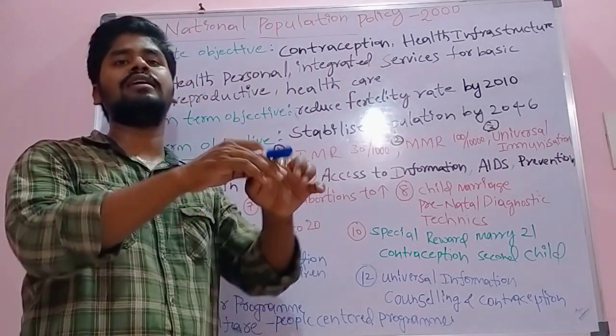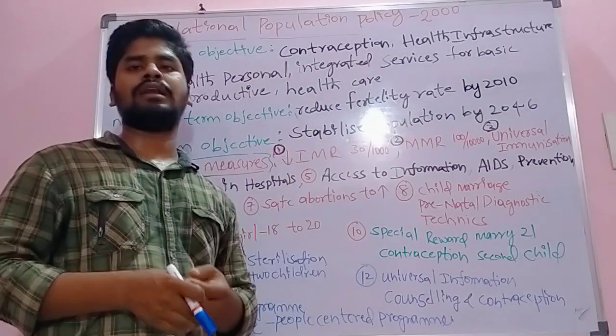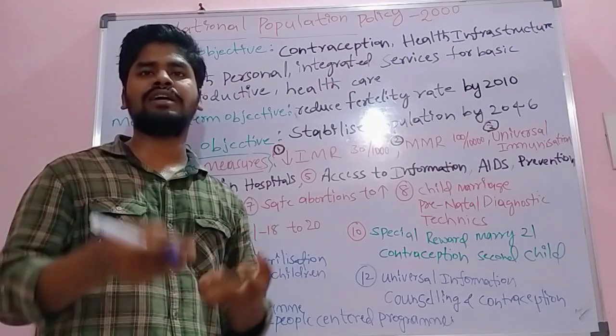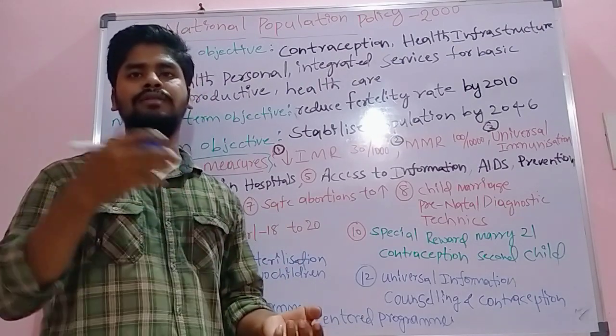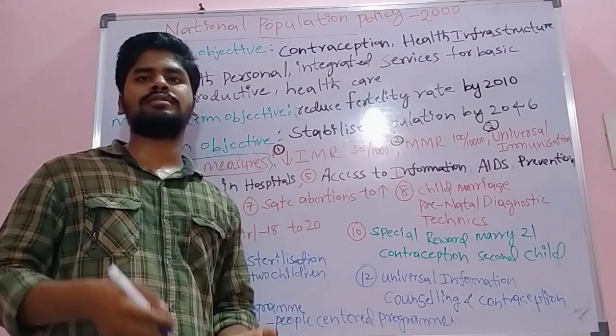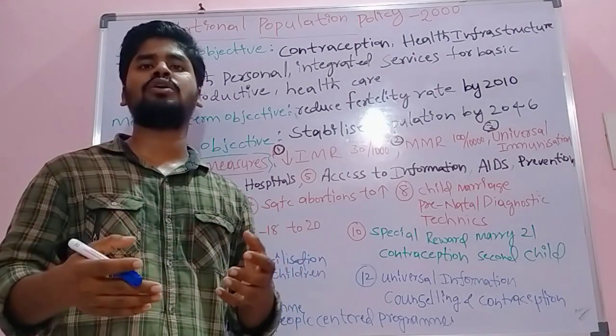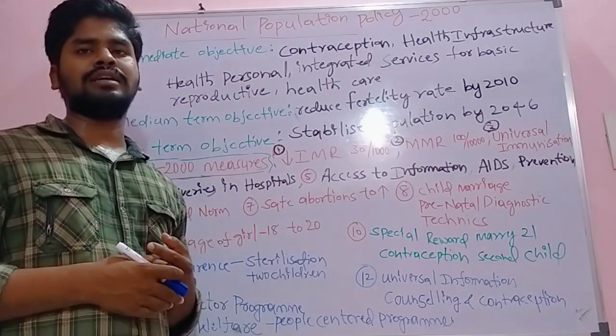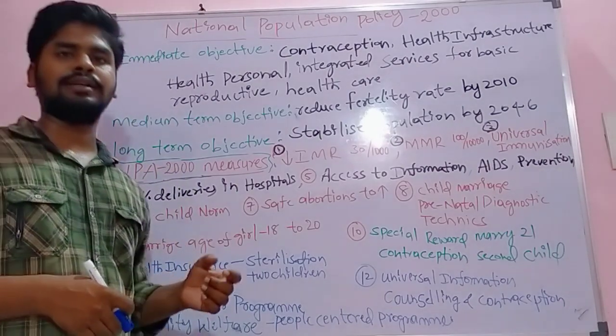It has to be centered on each and every individual of society, maintaining the information, health infrastructure, medical care, contraception, each and every aspect for every individual of the society.